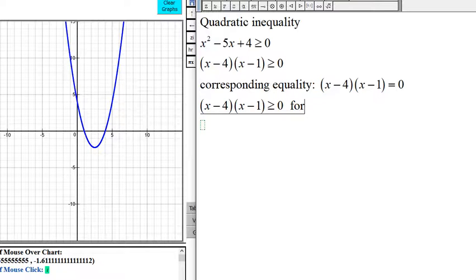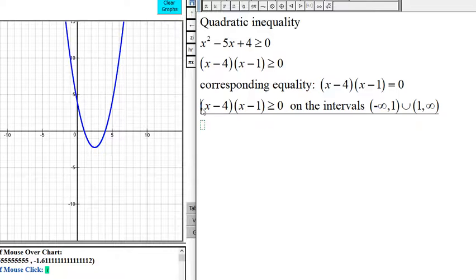on the interval from negative infinity to 1, and then also from 4 to infinity.